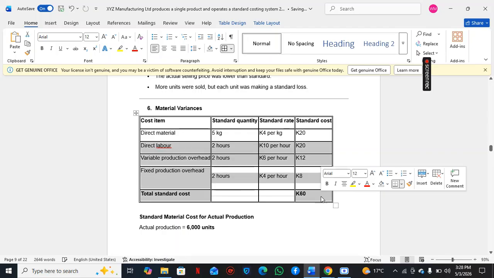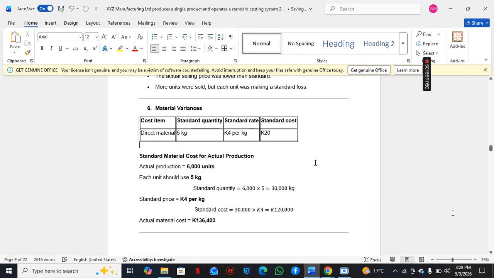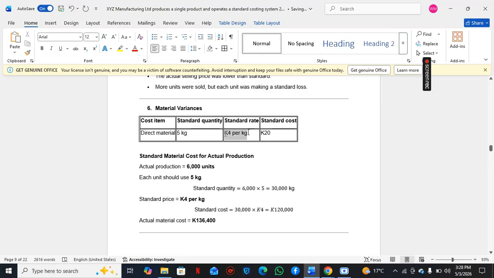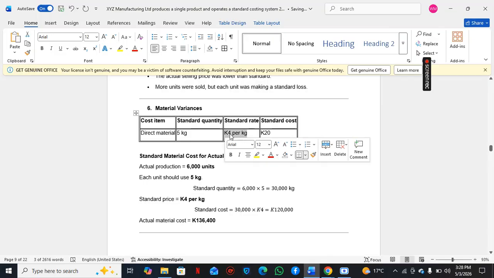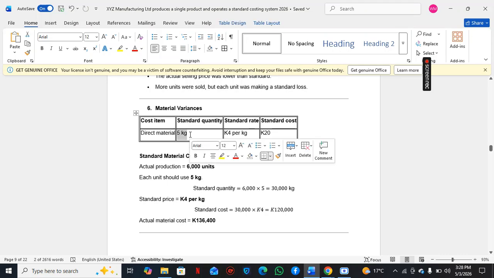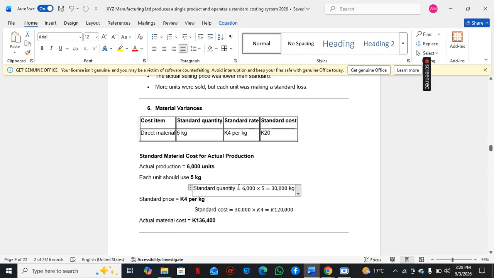We're just focusing on direct materials here. Remember the total standard quantity for each unit is 5 kg, and the standard rate for the direct materials is 4 kwacha per kg. So from the 6,000 units that we produced, each unit uses 5 kg, so 6,000 times 5 is 30,000 kg.